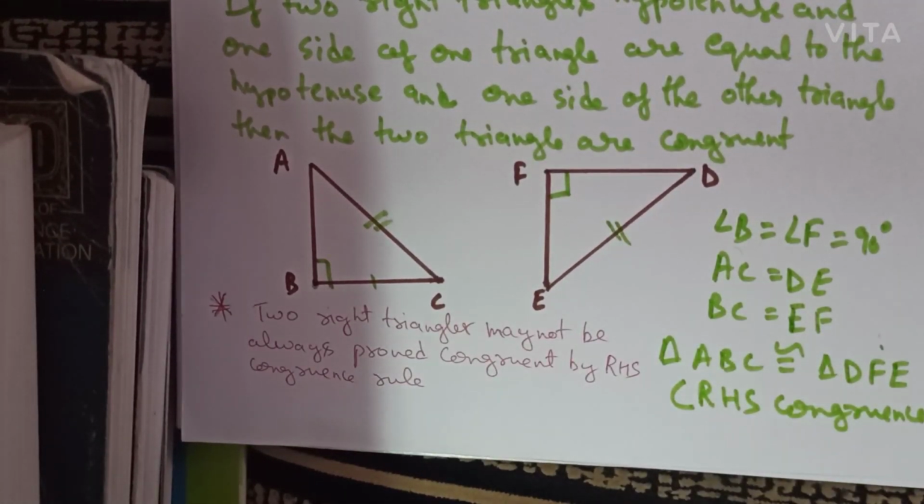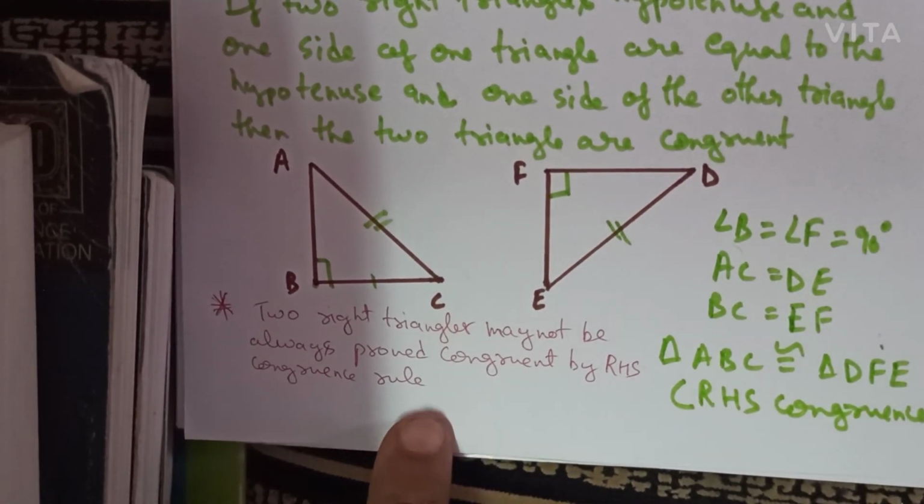Two right triangles may not always be proved congruent by the RHS rule. Many students make this mistake: they see that they have to prove congruency of two right angle triangles and straight away apply RHS.